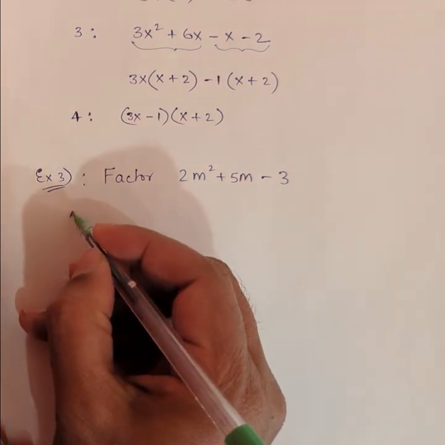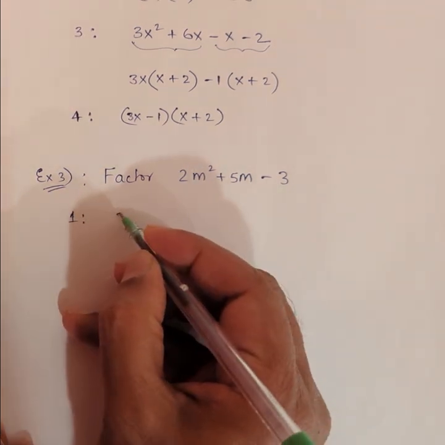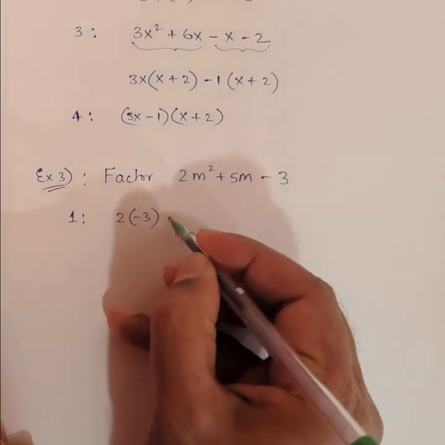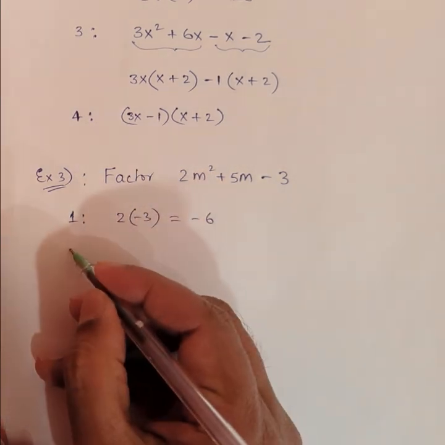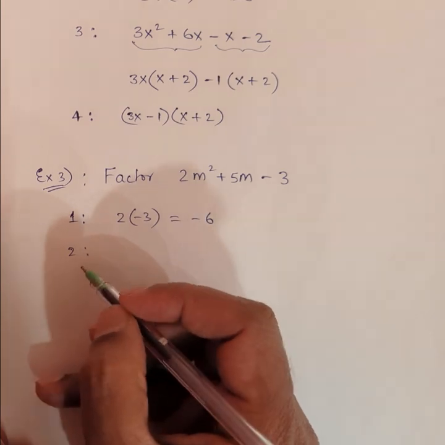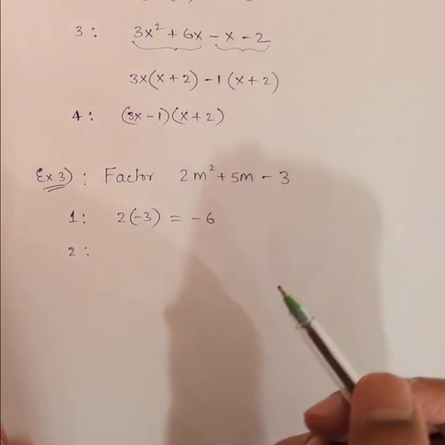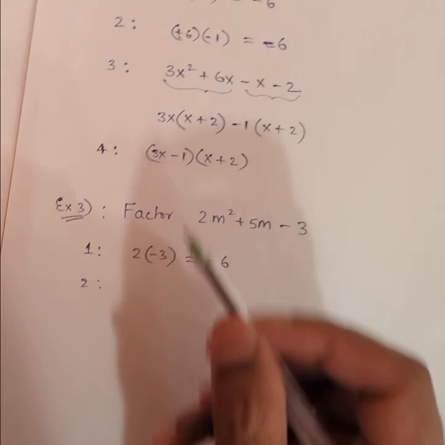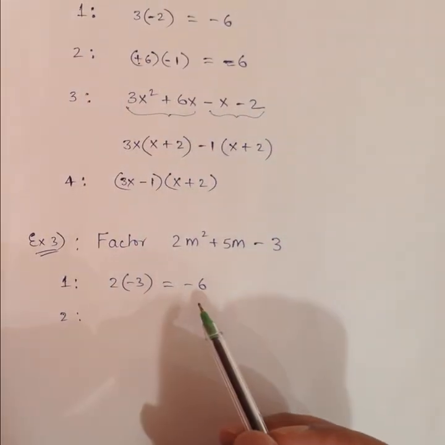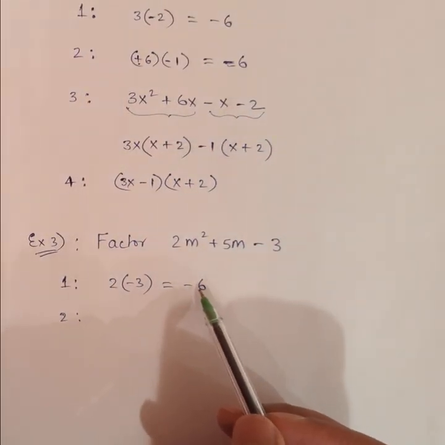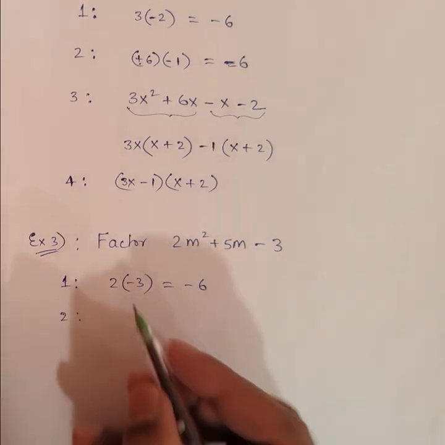So what is the first step? Well, 2 times negative 3 is negative 6. And in step 2, it's actually the same kind of problem that we had in example 2. I need to come up with two numbers that multiply to negative 6 and add to give positive 5.